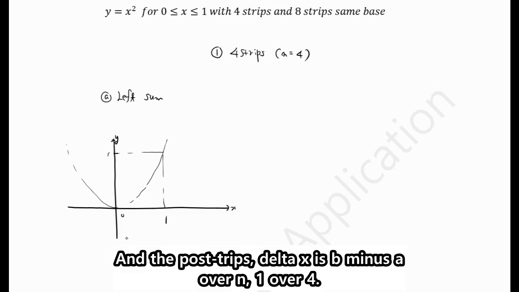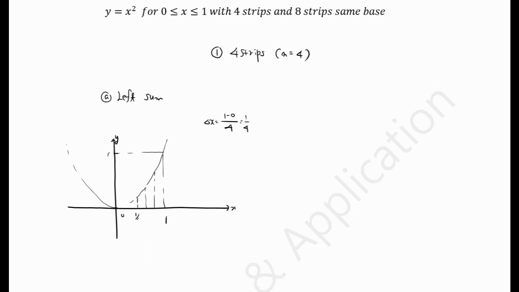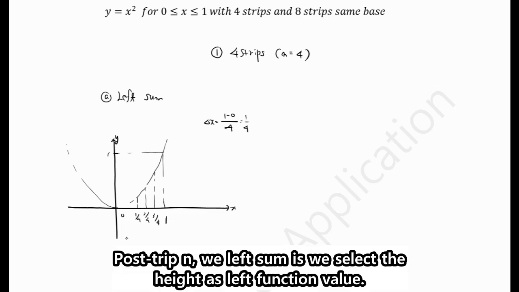Delta x is (b minus a) over n, so 1 over 4, and the subdivision points are 1 over 4, 2 over 4, 3 over 4. This is the subscript. For the left sum, we select the height as the left function value.